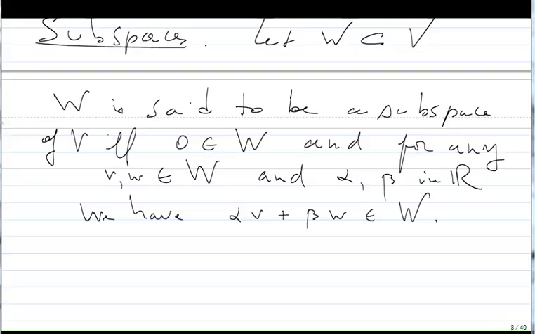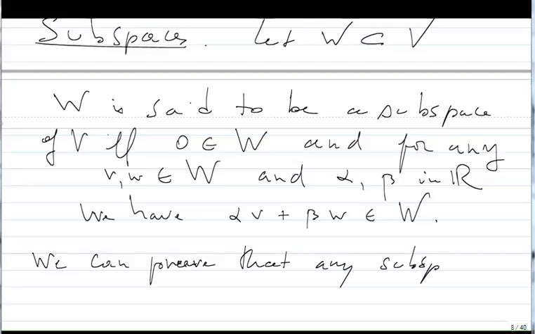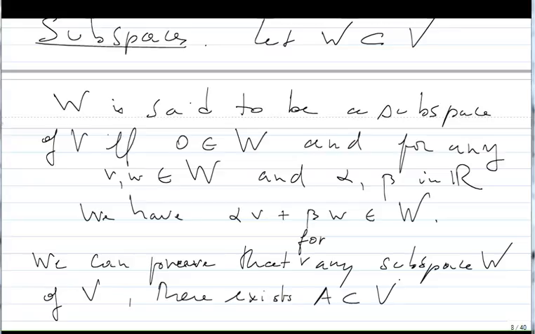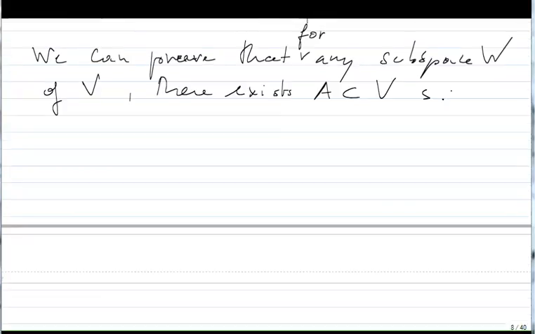But in fact, we can prove a beautiful result here: for any subspace W of V, there exists a subset A of V such that W is the span of A. In other words, the subspaces are just the spans.